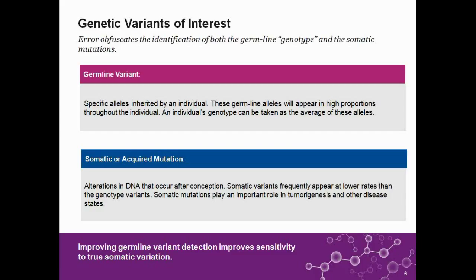So you can see that by improving germline variant detection, you can also improve the sensitivity of finding those true somatic variants, because once you have the germline variants, any variation that you detect outside of that would either be somatic or error type variation.